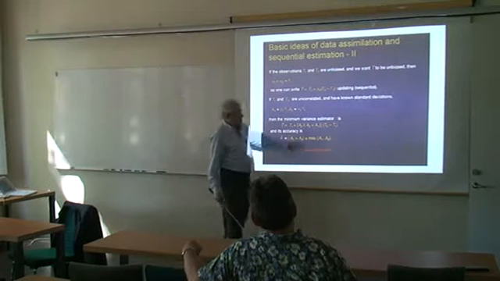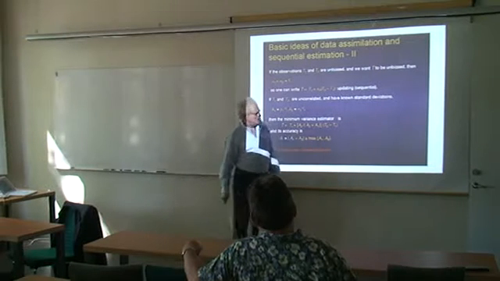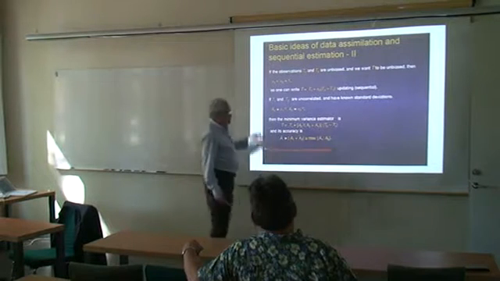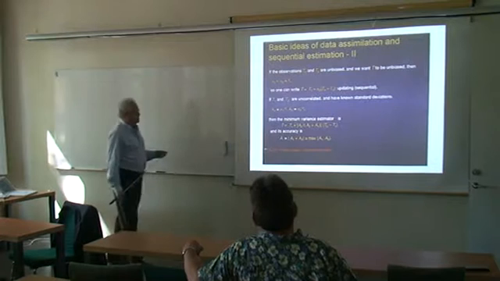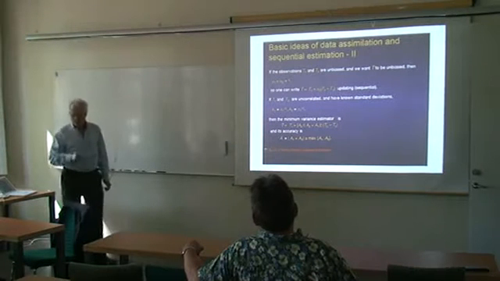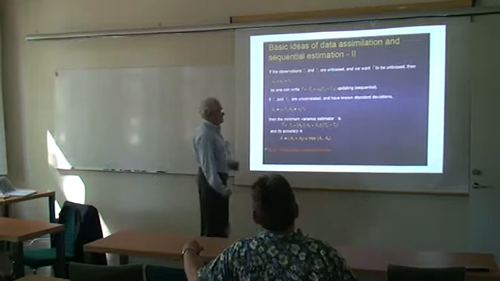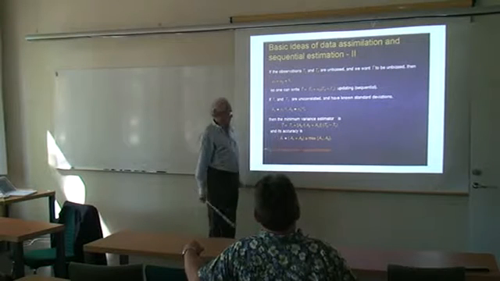And this is called in engineering literature the innovation vector. In general, it's a vector. And in meteorology, often the so-called observational residual. The difference between the actual observation and what you thought your observation ought to be if you knew nothing else.